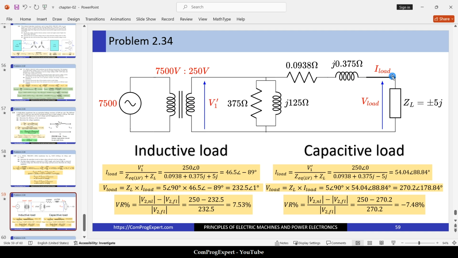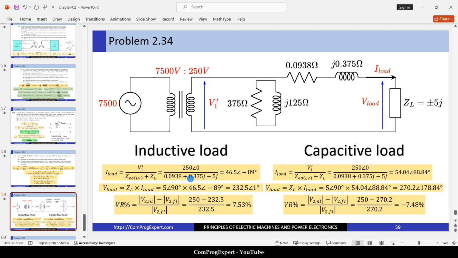What is the value of the I load in this case? It is 250 divided by these two impedances, the summation of the Z equivalent for the low voltage side plus the load impedance. You should write a KVL here.